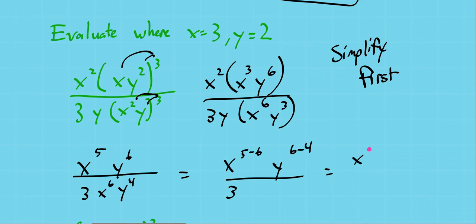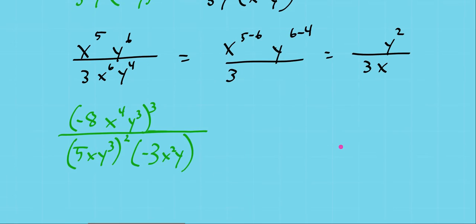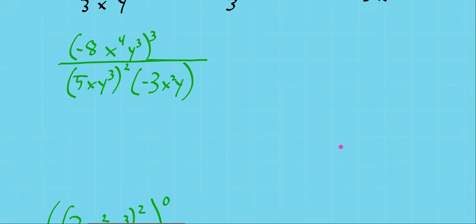So what we've got now is x to the 5 minus 6 is negative 1. y to the 6 minus 4 is 2, so y squared over 3. I prefer, so we could be done here, but I prefer to move this guy down here. If we have x to the negative 1, that really should just be an x to the positive 1 hiding out at the bottom. Negative exponents really just mean they belong on the other side of the fraction.